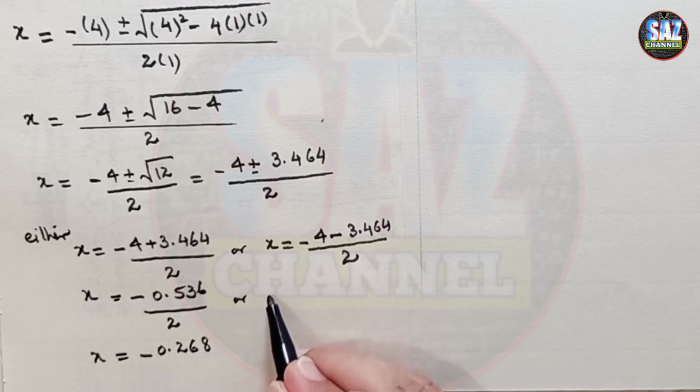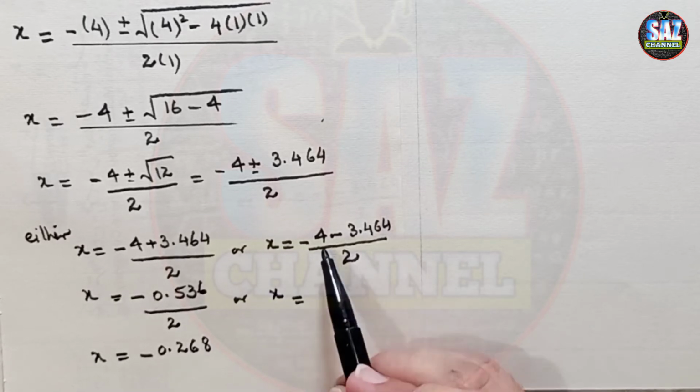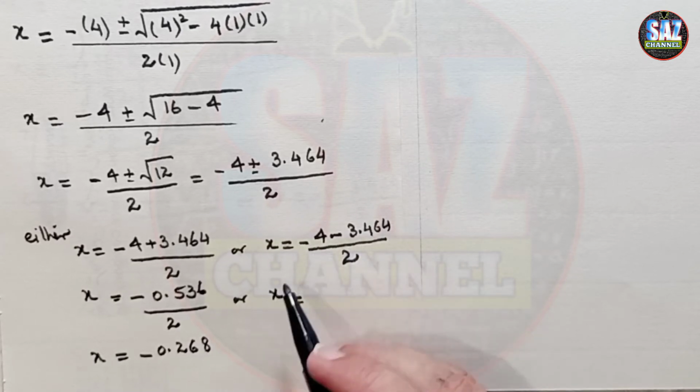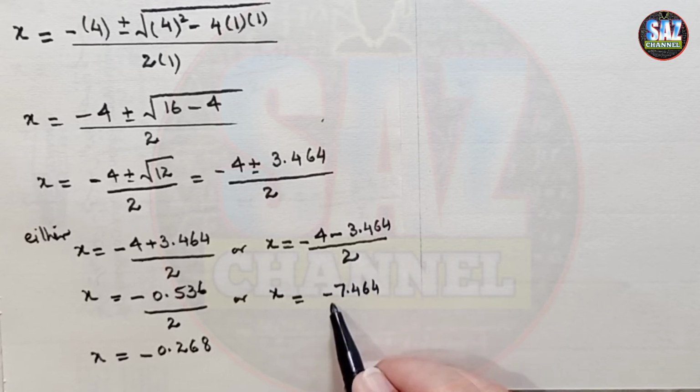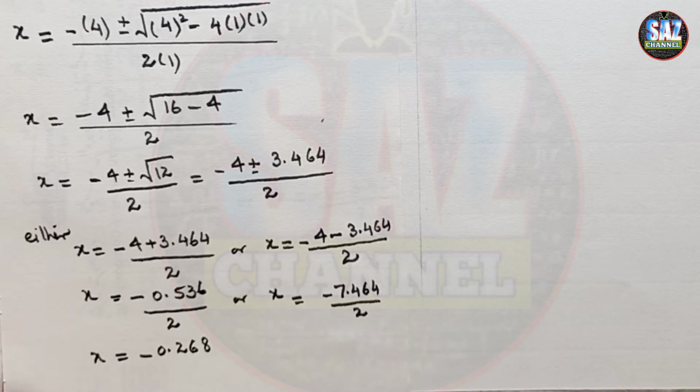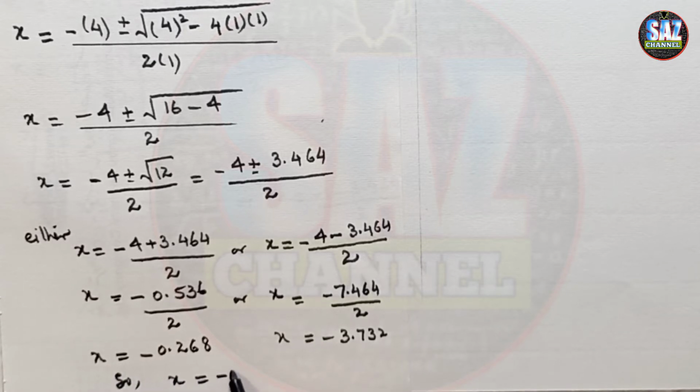Or, 4 and 3.464 is 7.464, which is minus 7.464 divided by 2, and when I divide 7.464 by 2, the answer comes minus 3.732. The two solutions, or two roots, are x equals minus 0.268 or minus 3.732.